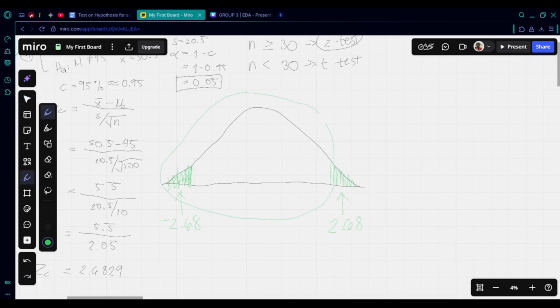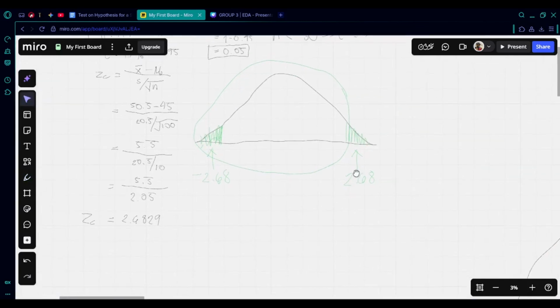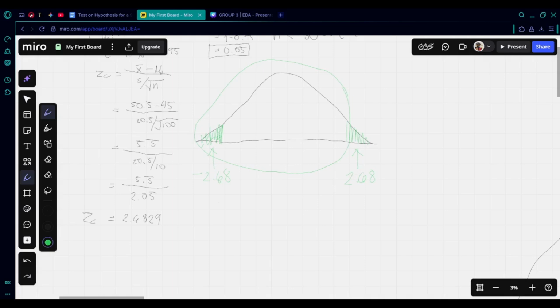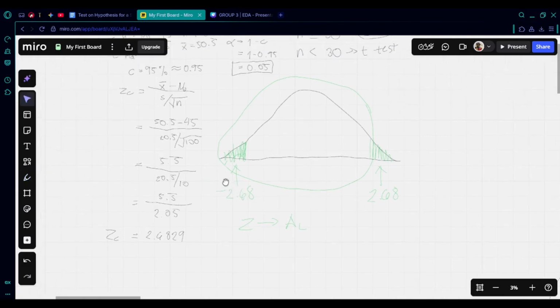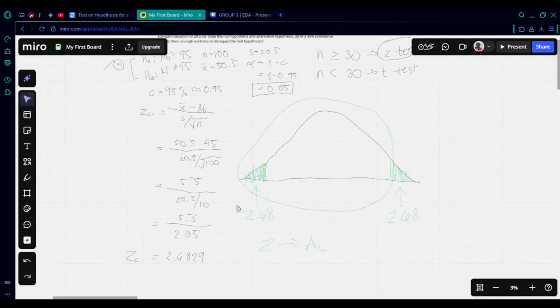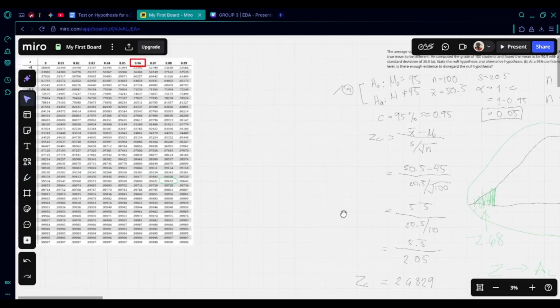To locate that area, we have our z that corresponds to the accumulative area to the left. So how do we locate that? What I said earlier, we will use the z table.